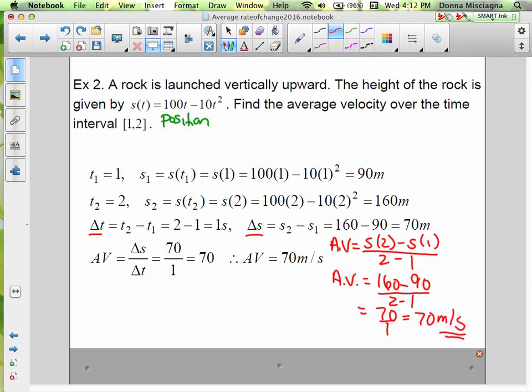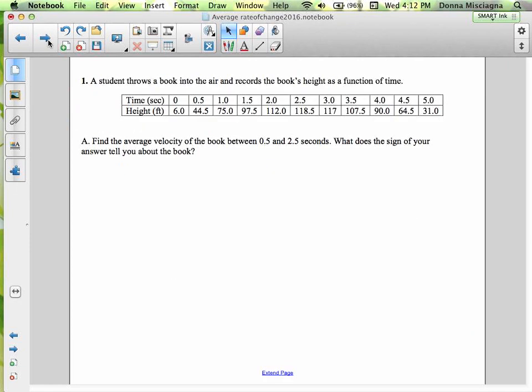Make sure you include units here, right? So if our position is in meters and our time is in seconds, our average velocity is going to be in meters per second, right? I think this is the easiest way to write that down. And this is what I would want to see.